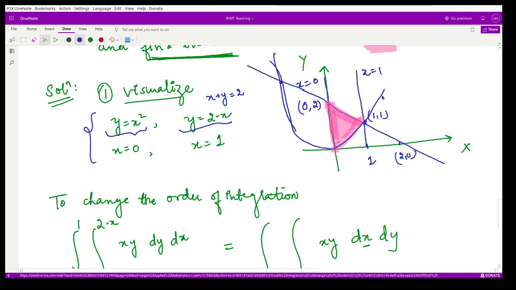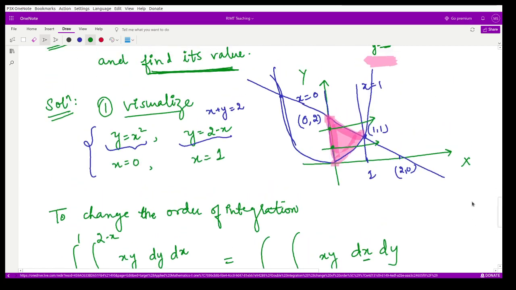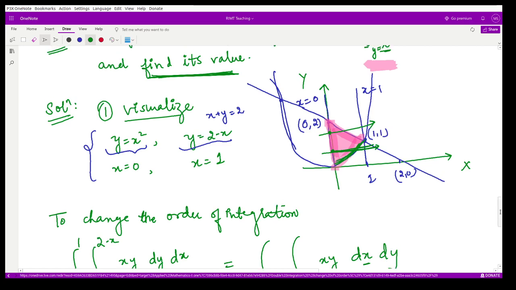When you take this horizontal line, so when you take the horizontal line, it could either be like this or like this, right? So that means the lower limit is the same. The lower limit is the value of x here. The value of x here is 0. So in both the cases, the lower limit is the value of x, that is 0. But the upper limit here is for this particular curve is according to this curve. And what is this curve? This curve is y is equal to x square.